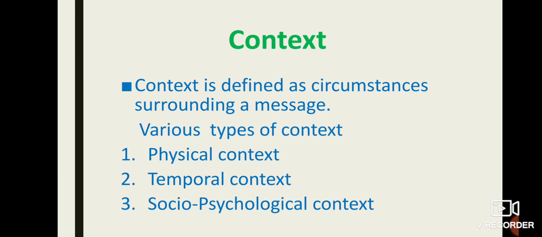Temporal context includes expectations that people have based on past experience. Socio-psychological context is the balance between people's emotional states and their personal relationships with the sender and receiver. So communication changes based on who we are with and what type of events are occurring around us, our opinions and our beliefs. So context is all about these things.